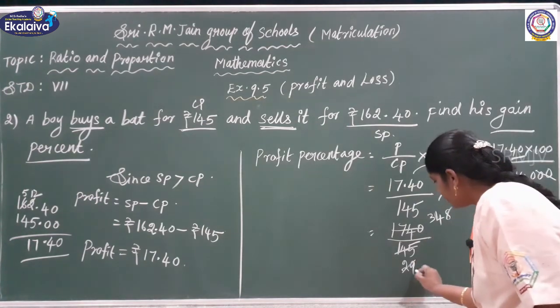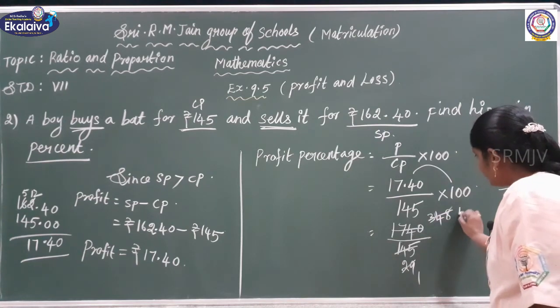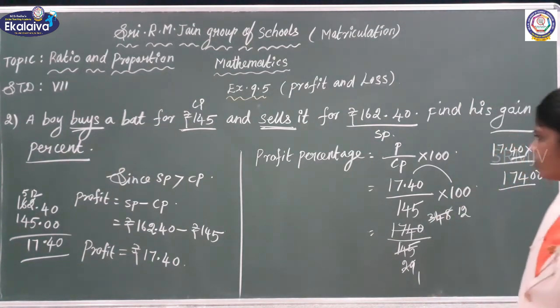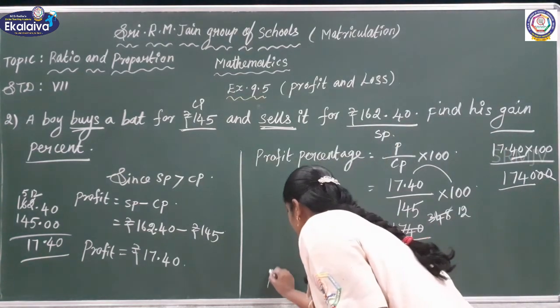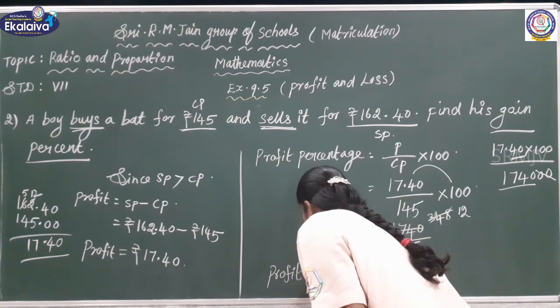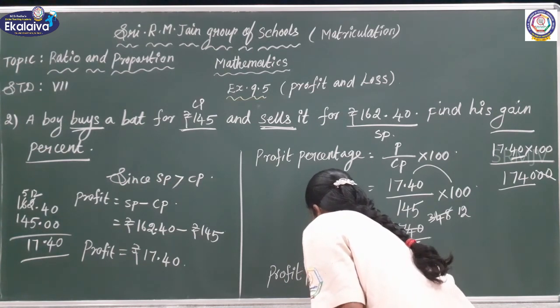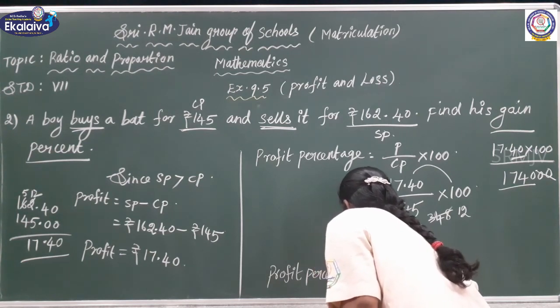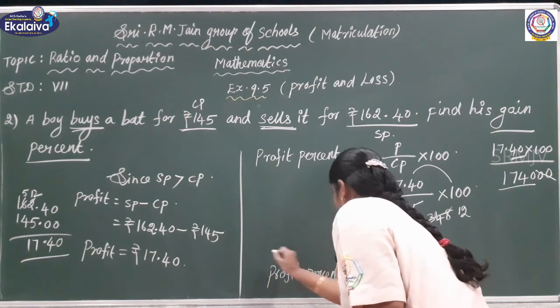Now 29 ones are 29, 29 12s are 348. Okay. So profit percentage equal to 12 percentage.